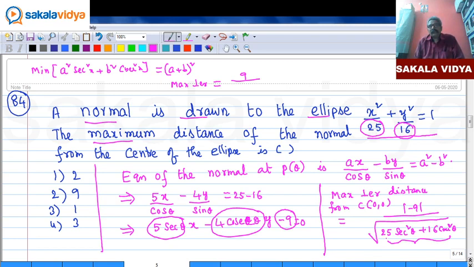A equals 5, b equals 4. 5 plus 4 whole square is equal to root of 9 square, 9 by 9. So 1. So that means the third option is the right option. Third option.